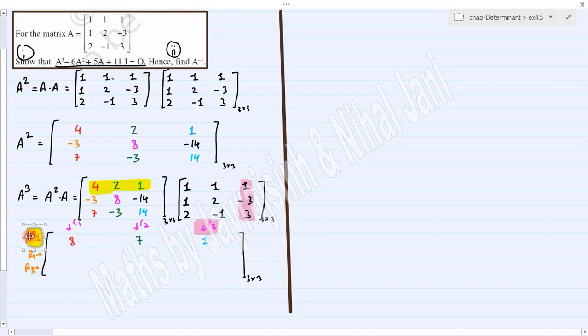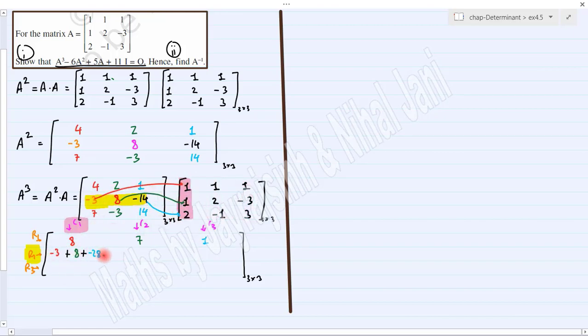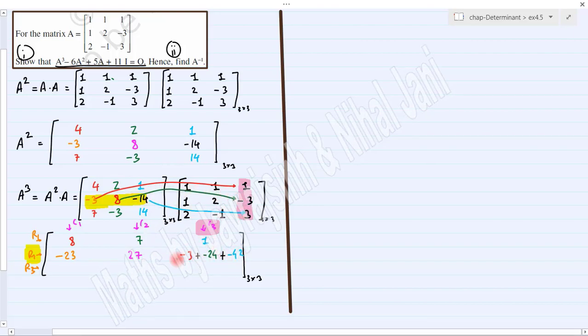So we get the elements of first row. Now let's try to get the elements of second row. The first element is in first column, minus 23. The next element is in second column, which will become 27. And the last element of the row is minus 69.